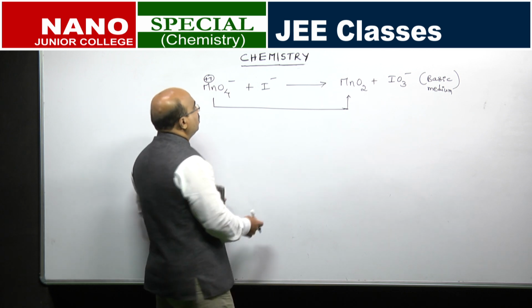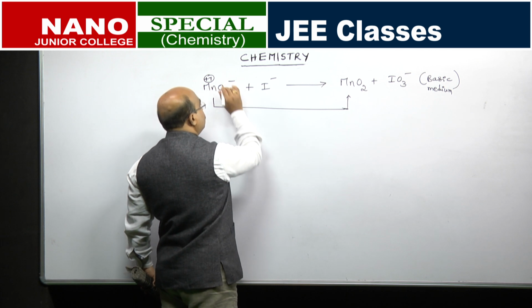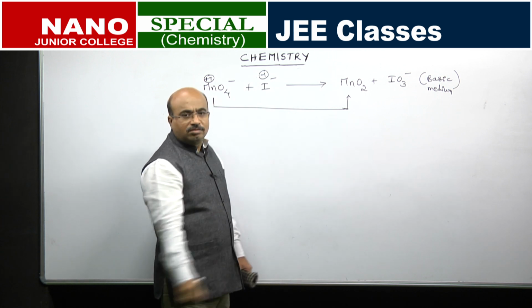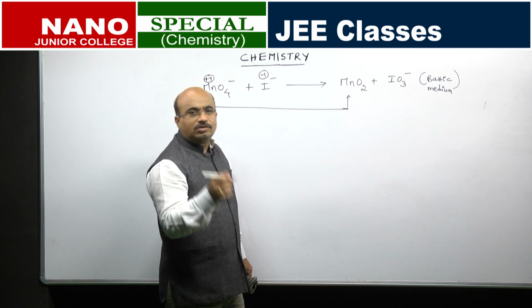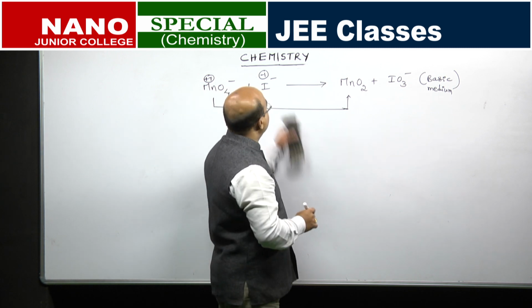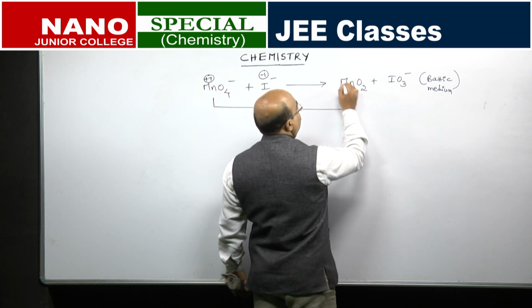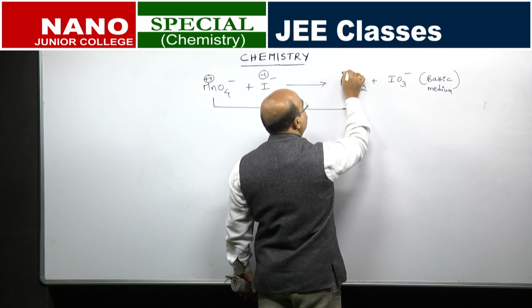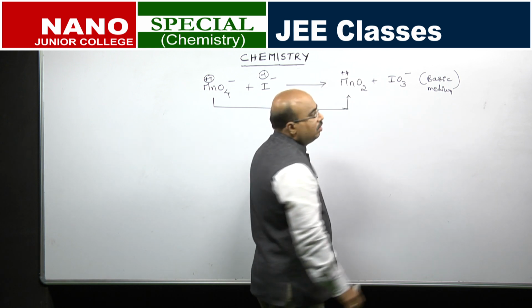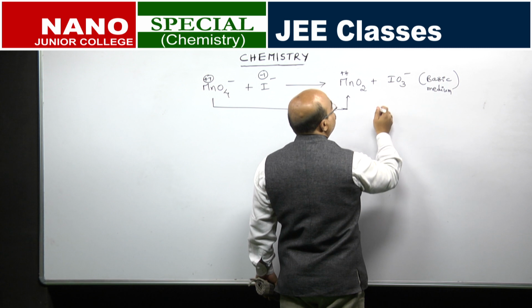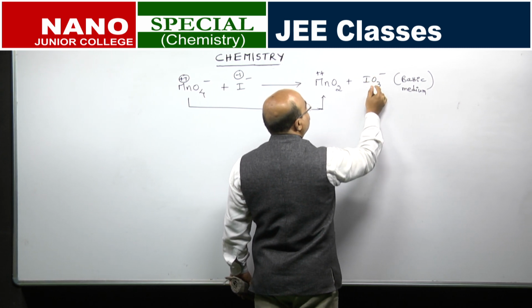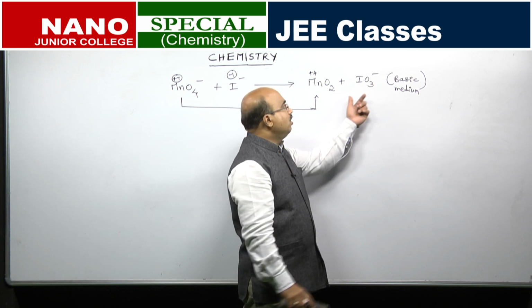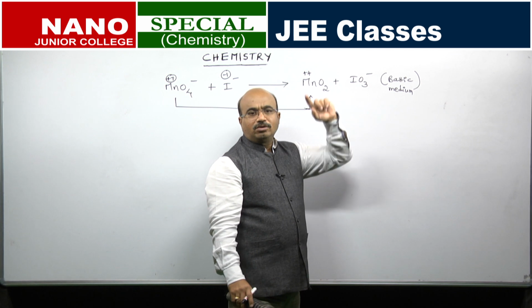Here iodine is minus 1, because it is a simple monoatomic ion, and the charge is the oxidation state. So, this is minus 1. Now, here oxygen is minus 2, so the manganese total charge should be plus 4. And here the total charge on the oxygens is minus 6, but we are left with minus 1. When you add iodine and oxygen, we are getting totally minus 1 charge.